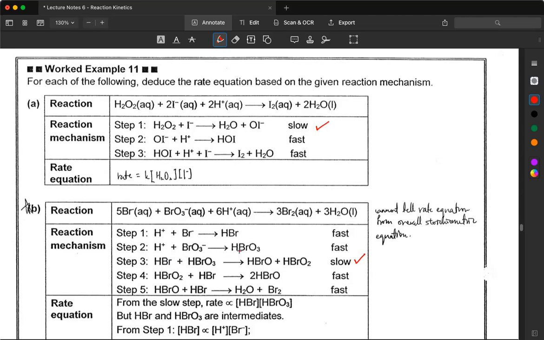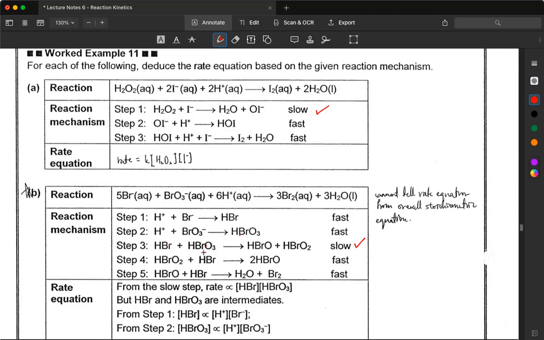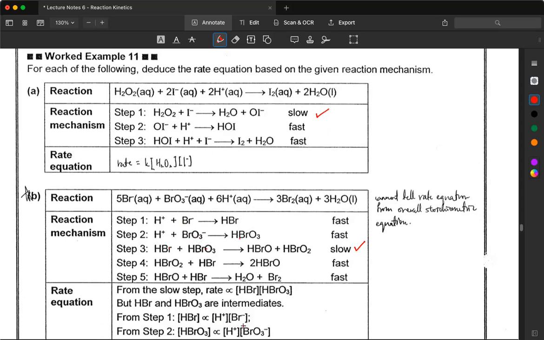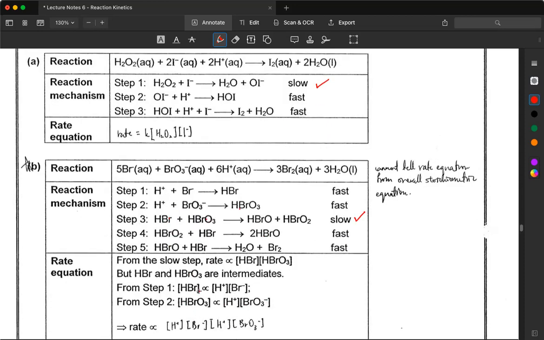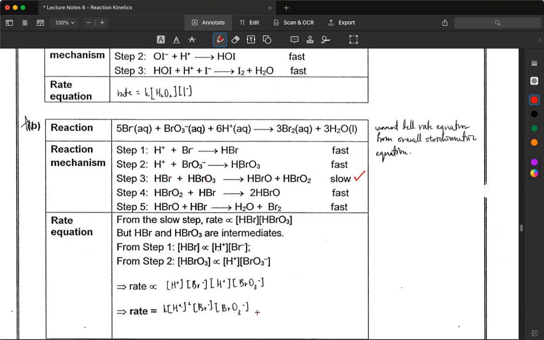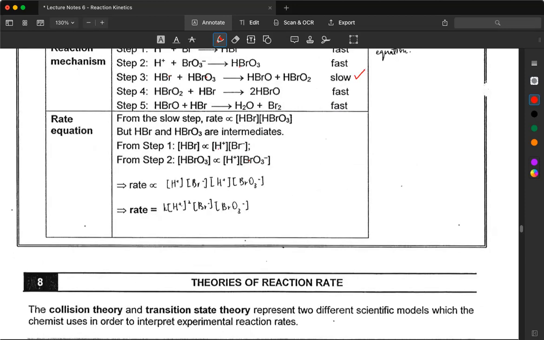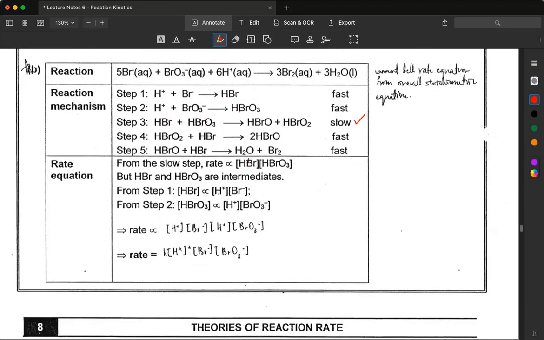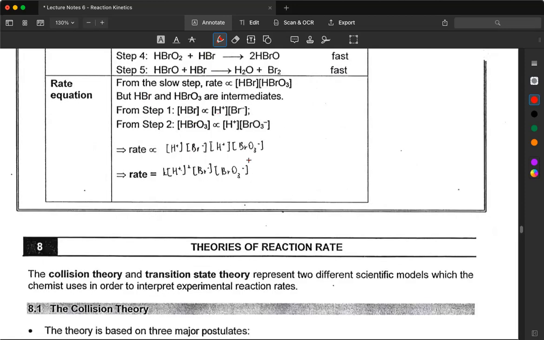So this one comes to here, this one comes to here, right? So you put this first. And then step 2, this one actually comes from these two. So you just add them together, H plus Br minus, H plus BrO3 minus. Then you put the H plus together, and they will form this. You should not put the intermediate in the rate equation. Instead, you should equate them to the reactants that formed them in the previous steps.